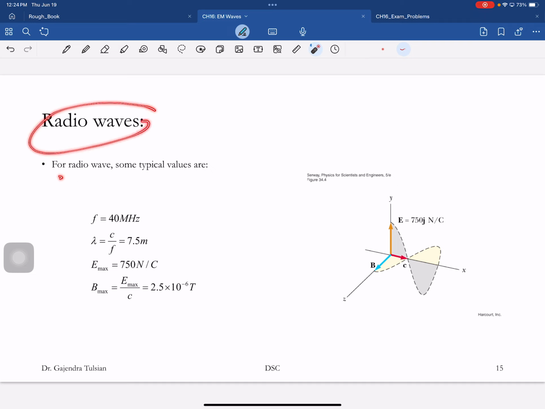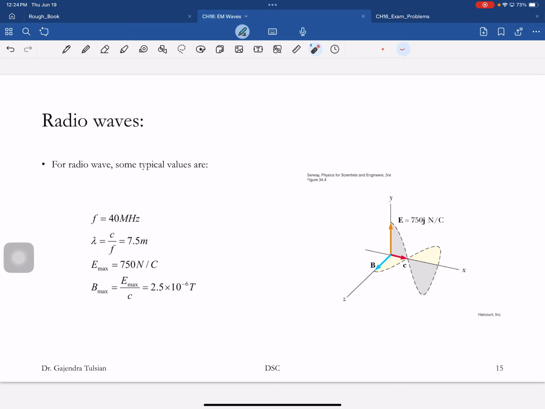So here are typical numbers for a radio wave. This is 40 megahertz, mega being a million. What are the FM radio frequencies? So yeah, around 90 to 110 megahertz. Okay, so that's the window. So these are not FM frequencies, but anyway, this is a typical wave for this frequency.